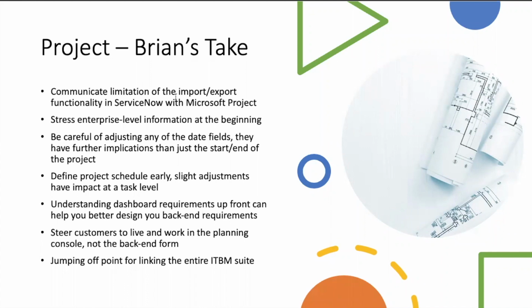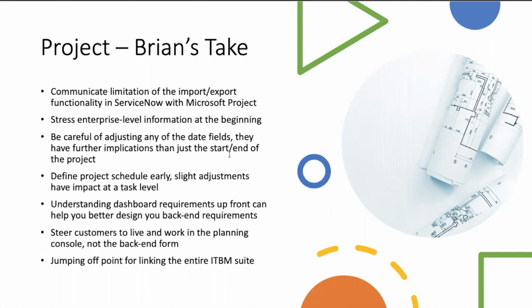So when you hear those words, I know out on the community, there's definitely a list of what fields ServiceNow will integrate with. So make sure you bring that up and understand what fields you want to bring over. Again, enterprise level information at the beginning. The quicker they start thinking about that, the more valuable the information in their project form will be.